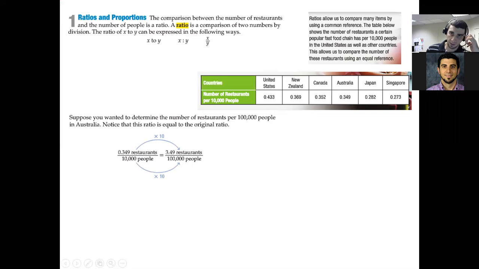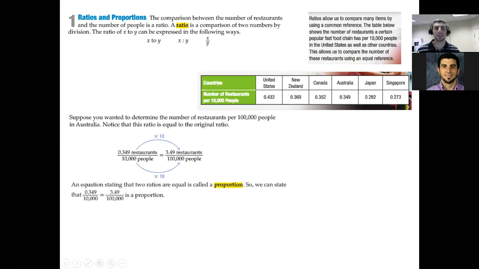Well, to keep the ratio the same, I have to multiply 10,000 by 10 to get 100,000. That means I'd have to multiply the 0.349 by 10 to figure out how many restaurants that would make per 100,000 people. So instead of 0.349 restaurants per 10,000 people, it's 3.49 restaurants per 100,000 people.